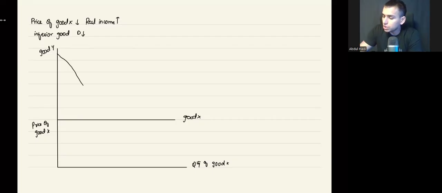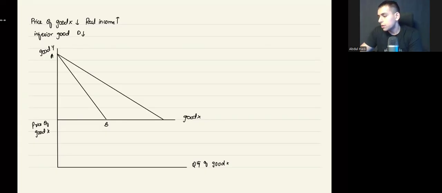Now, this is your initial budget line AB. And due to decrease in price level, your budget line will tilt rightwards like this to AC. All right. So AC is the budget line which you will get after a reduction in your price level, after increase in your real income.